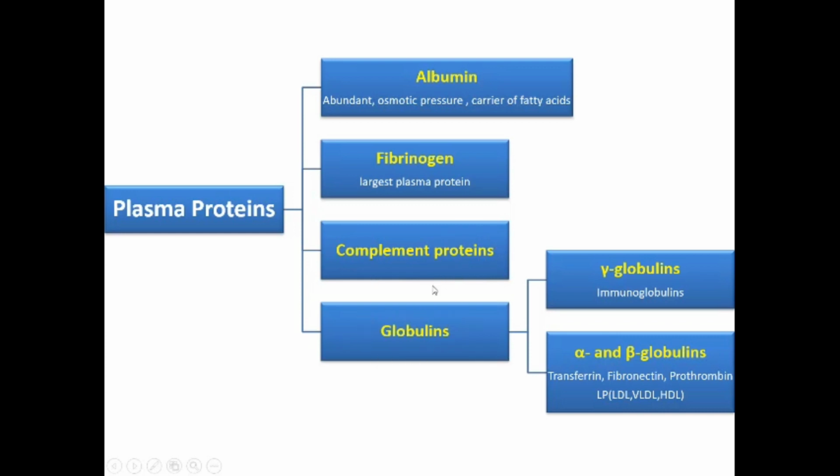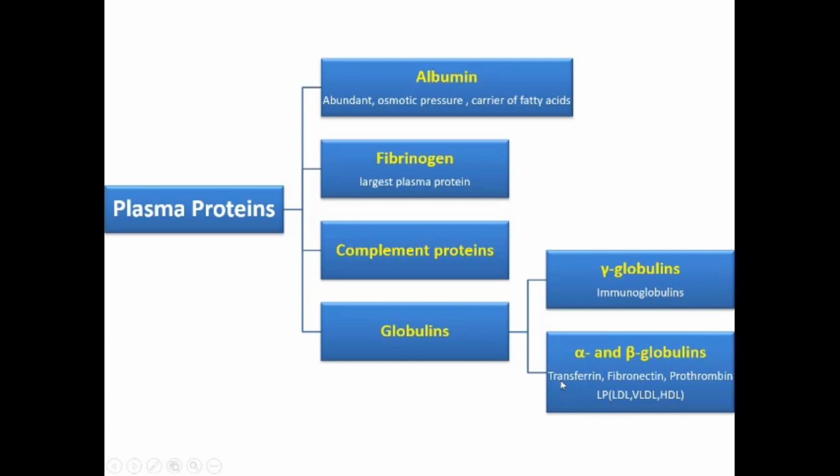Let's go to the globulins, which have a globular, spherical shape. We have three types of these proteins: alpha, beta, and gamma. Usually the alpha and beta globulins are transferring proteins.